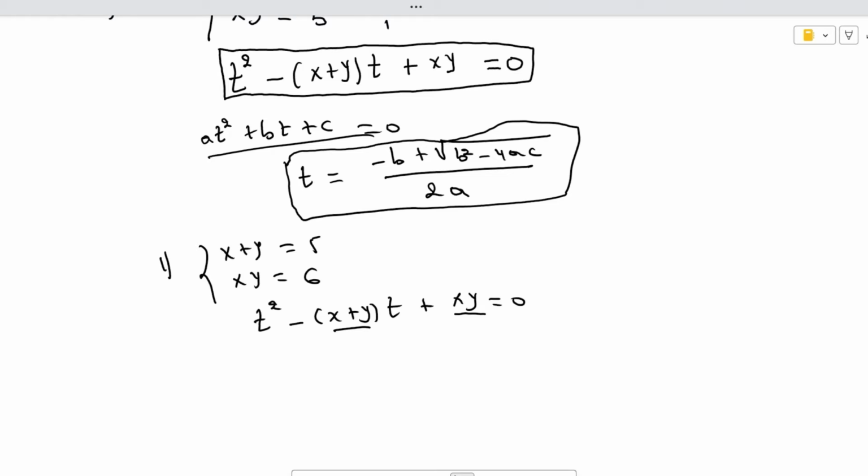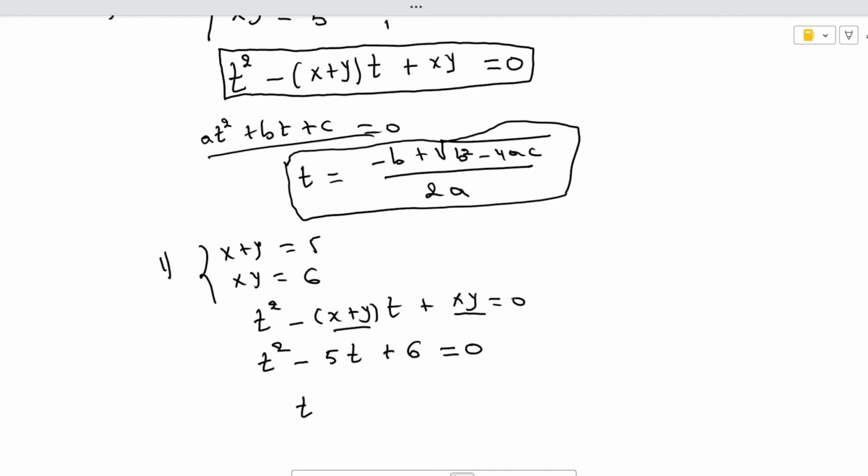So we have t squared minus 5t plus 6 equals 0, and then you solve for t.